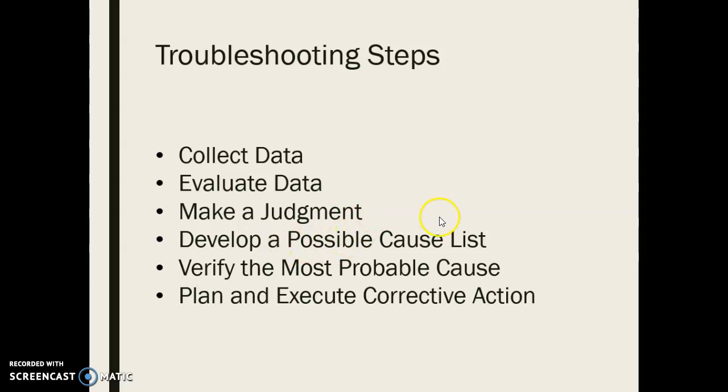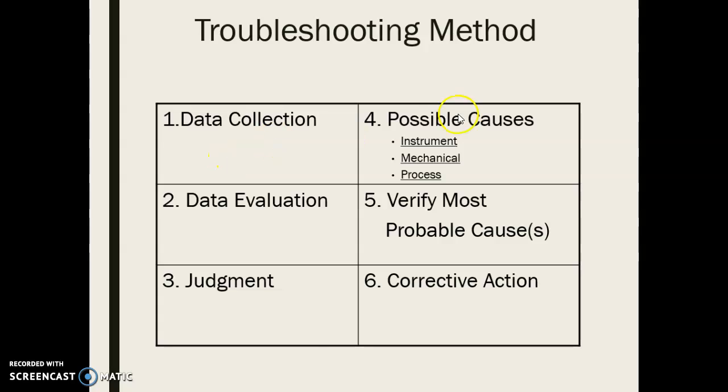We list all the possible causes from instrument, mechanical, and process related. Then we look at all of this information. We decide what makes the most sense. And then we execute and plan a corrective action that would require the least amount of downtime and the best safety involved. Okay, so here's our chart again, and that's what we just talked about.